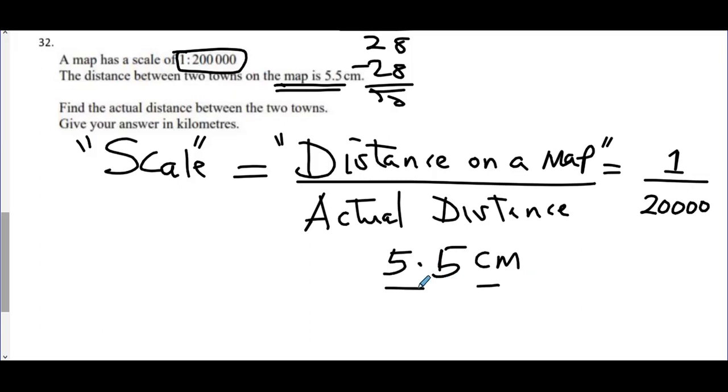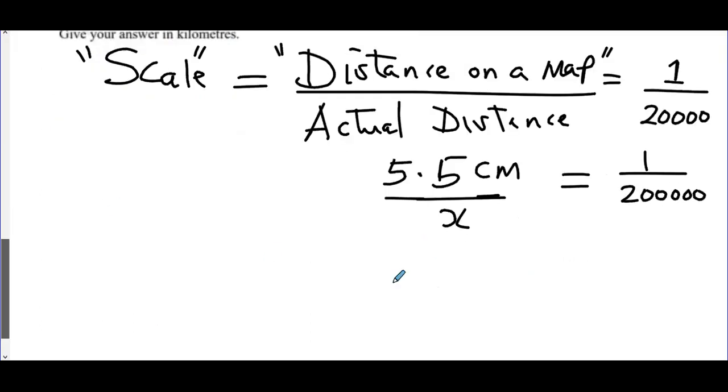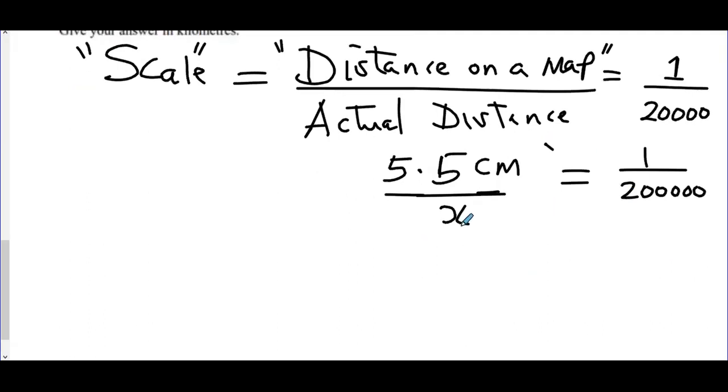So consider actual distance as something missing. And then just put 1 over 200,000. Now from here, just cross multiply. So X times 1 is X, equals 5.5 times 200,000. Sorry, the pen is skipping some signals.